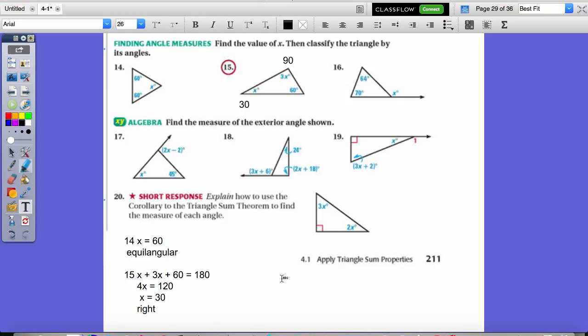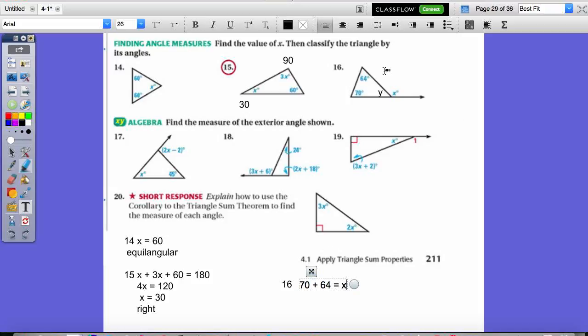For number 16, this is exterior angles theorem, where the exterior angle is equal to the sum of the two non-adjacent interior angles. So let's just say this here said angle y. Angle y would be my adjacent angle to angle x. My non-adjacent are 70 plus 64. And that's going to equal x.